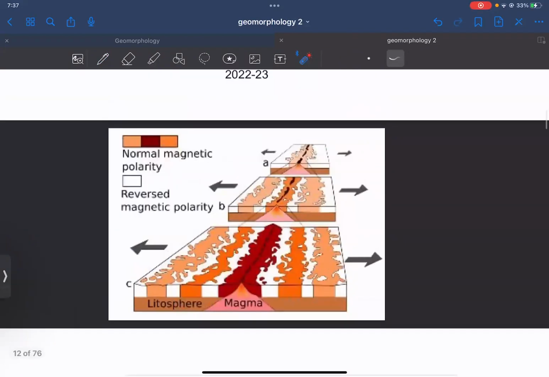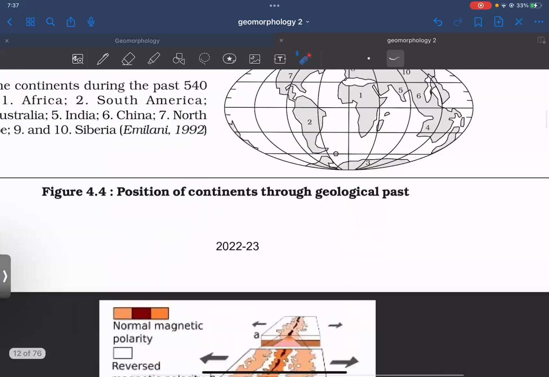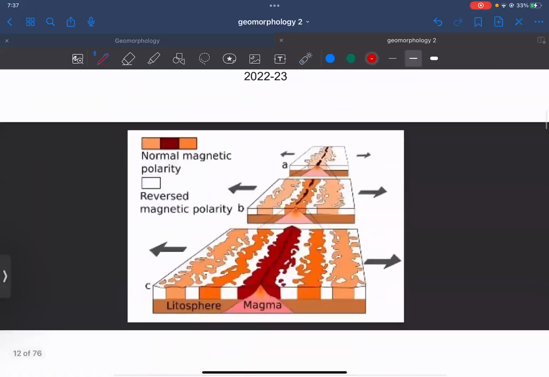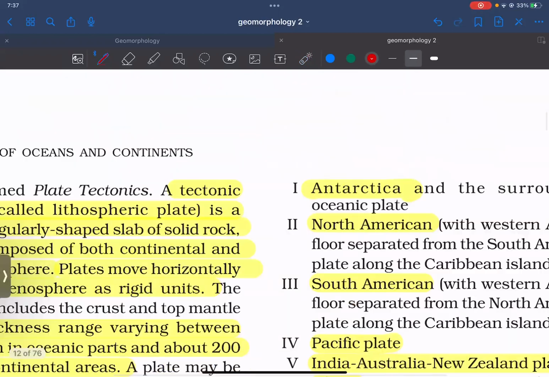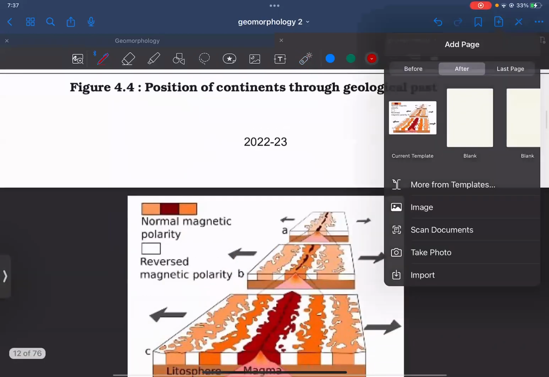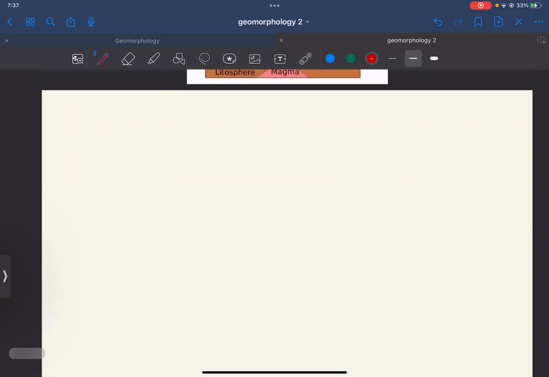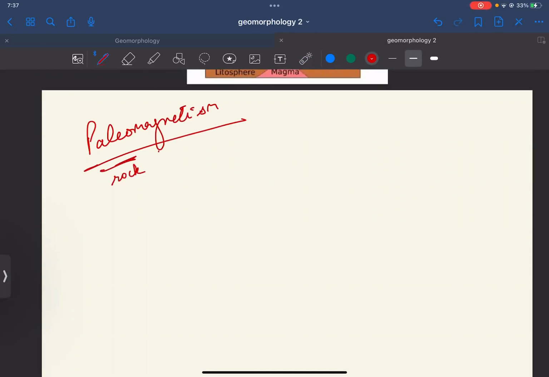So basically, what is magnetic property? I'll give you the basics. See, paleomagnetism. First of all, what is paleo? Paleo means rock, and this is magnet.